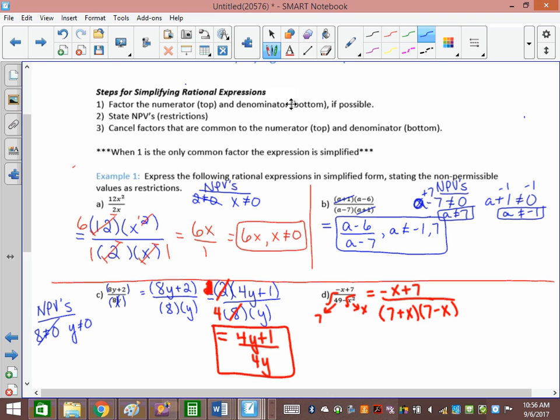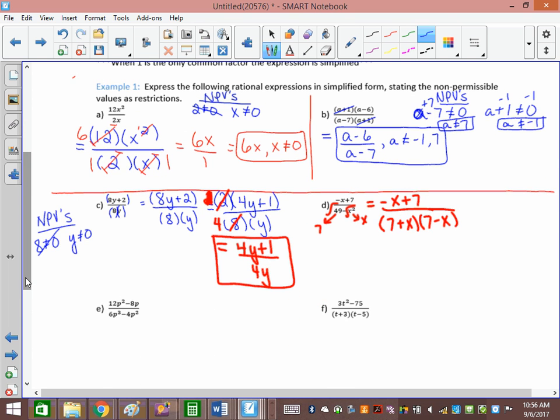All right. Now, before I try and cancel anything off, I have to state non-permissible values. So I'm going to go off to the side, and I'm going to go 7 plus x cannot equal 0. So x cannot equal negative 7 because I'd have to subtract the 7.